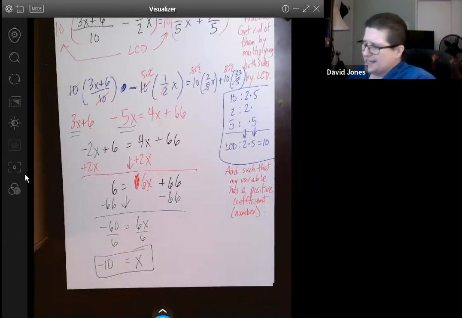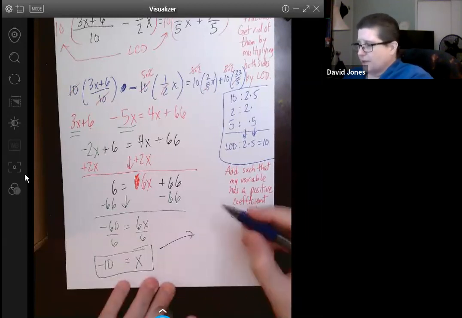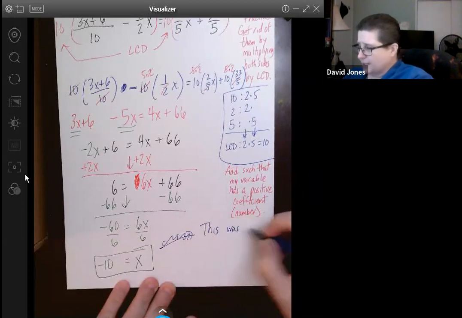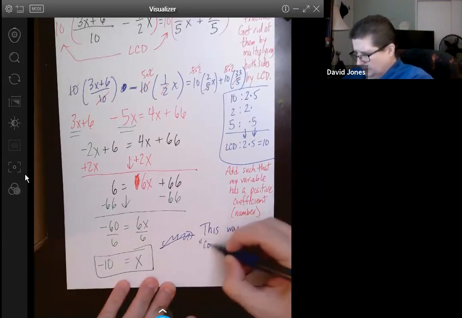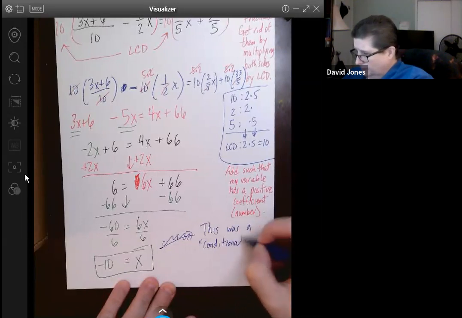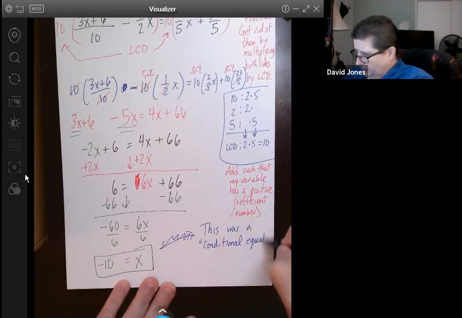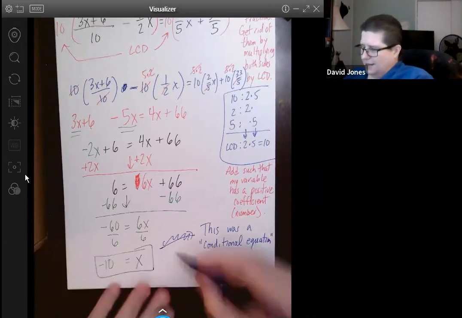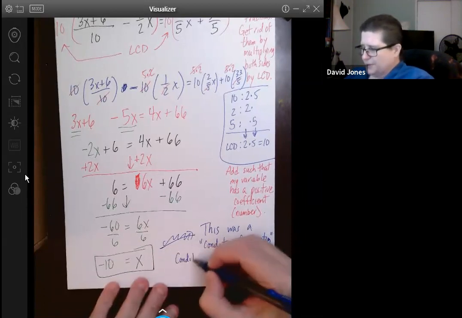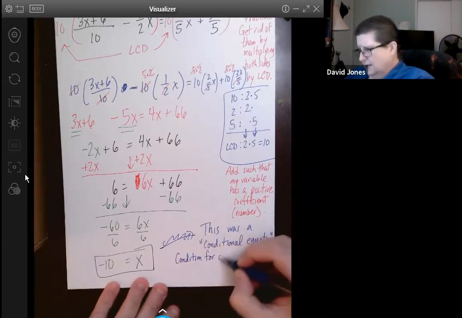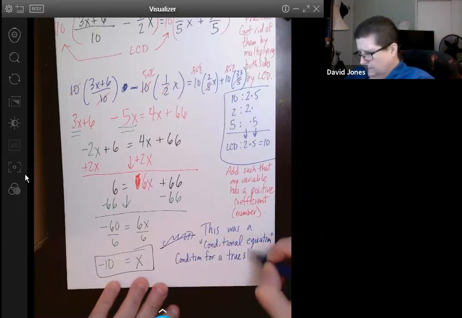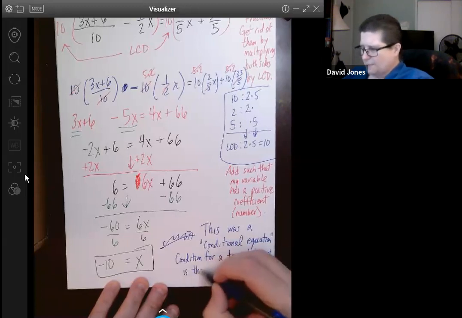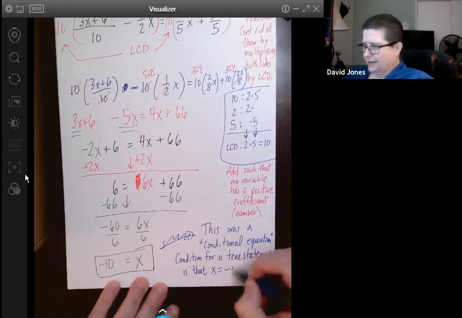They call these conditional equations. I'm sorry. This was a conditional equation. What they mean by that is the condition for it to be true is that x must equal negative 10.